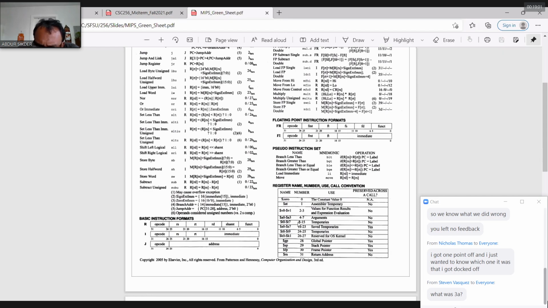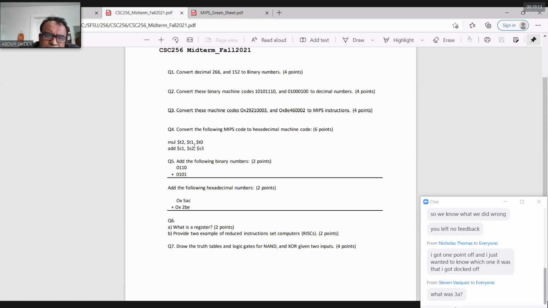T0, T1, T2: 8, 9, 10. So the 10 is T2. And then T1 should be 9 and T0 is 8. Basically 10, 9, 8.